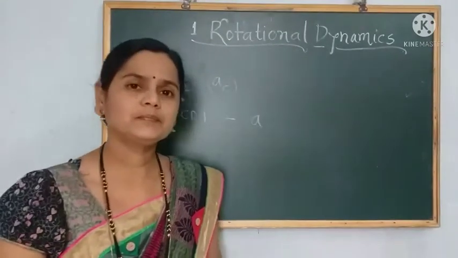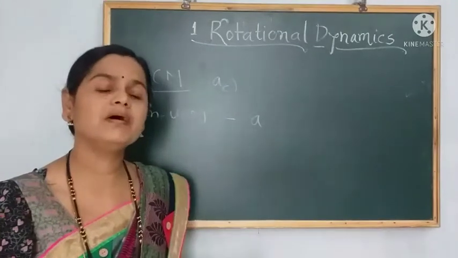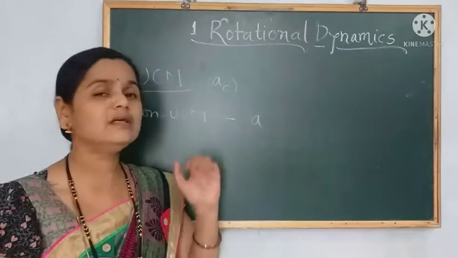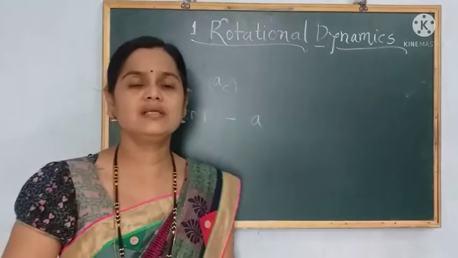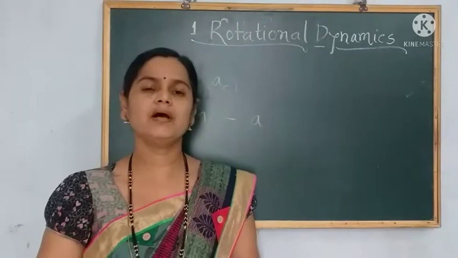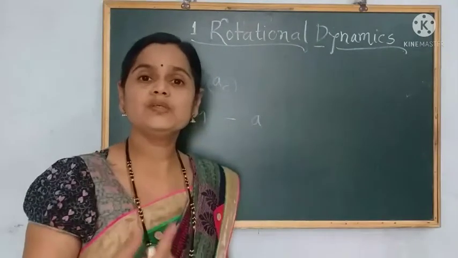Now see here, as the particle is performing uniform circular motion with certain acceleration, what does it mean? It means a certain force must act on the particle which produces this acceleration.